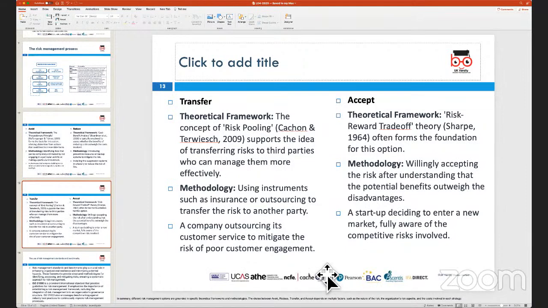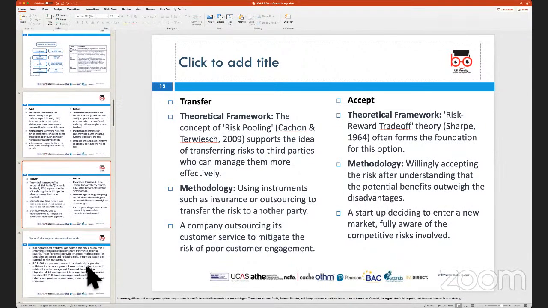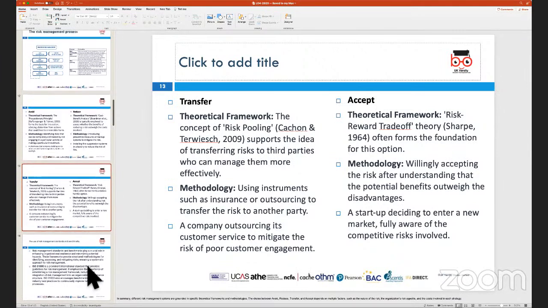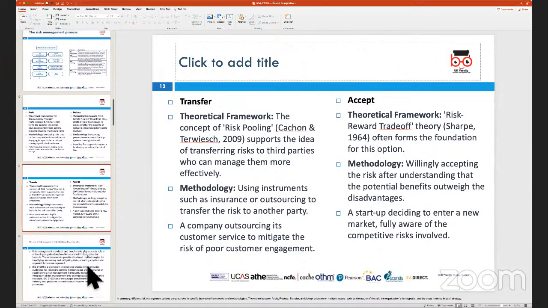And then when we look at accept, a startup company is a good example wherein it is accepted that a lot of resources will be used, and the company might not make profits for the first few months or years of operation. Because it is starting up a new business in a very competitive environment, there are lots of risks associated, with trade-offs and essentially high rewards, and management would be looking at accepting those risks.